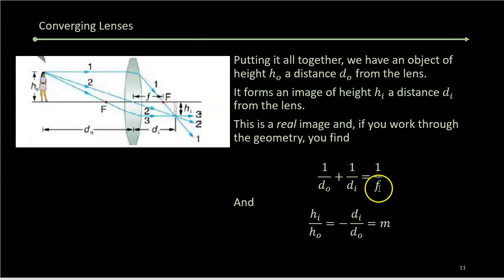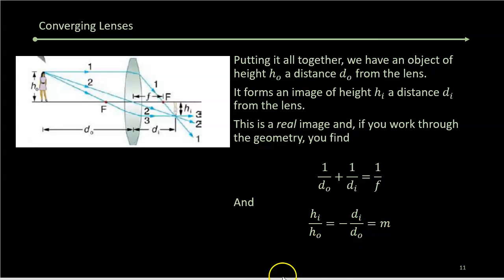F is the focal length, which is the distance from the lens to the focal point. And the height of the image over the height of the object is minus the distance to the image over the distance to the object, which is called the magnification.